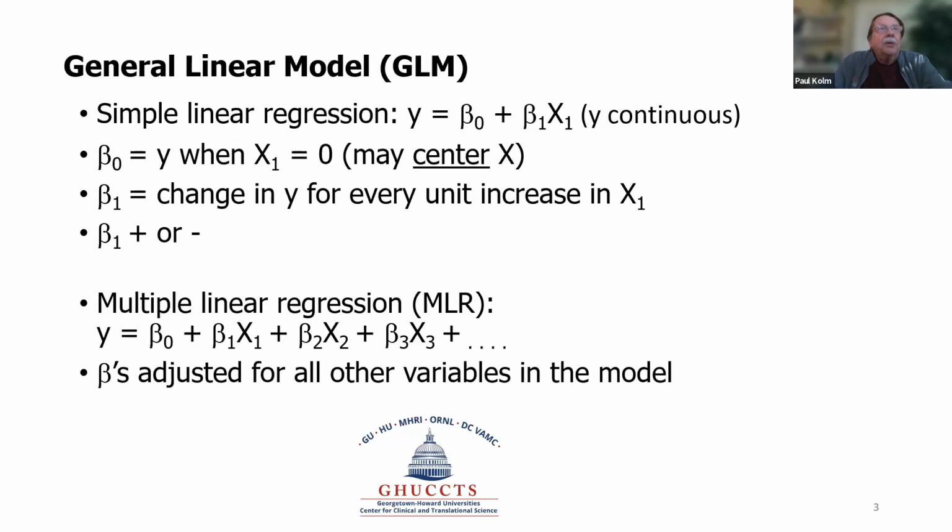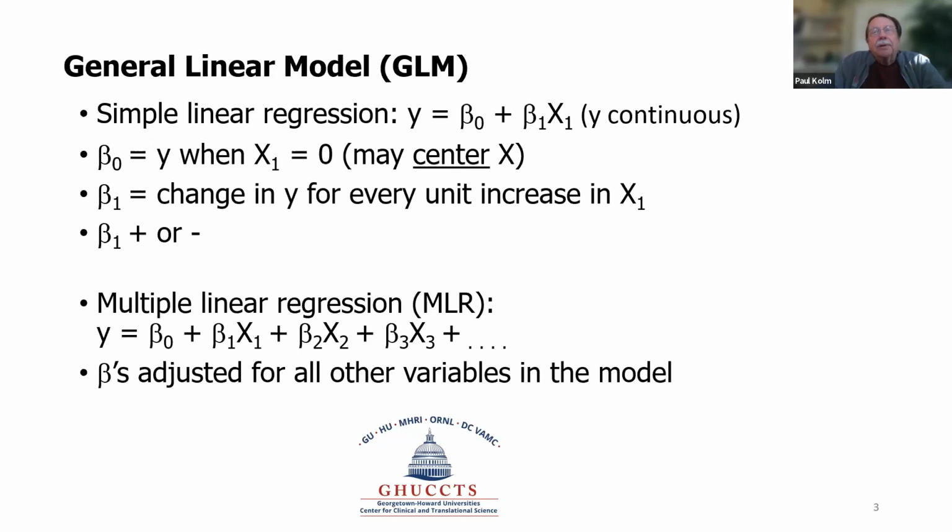Okay, so the general linear model, or GLM, is just a linear regression model. In the simplest case, it's just an outcome variable y, and then that's modeled as a function of a constant and then a single covariate or predictor variable.